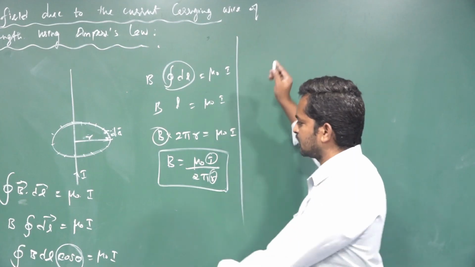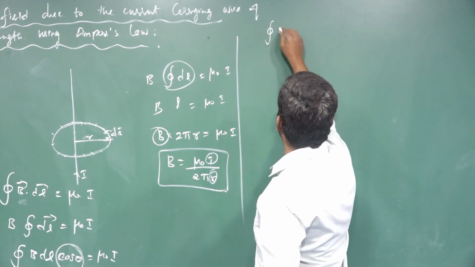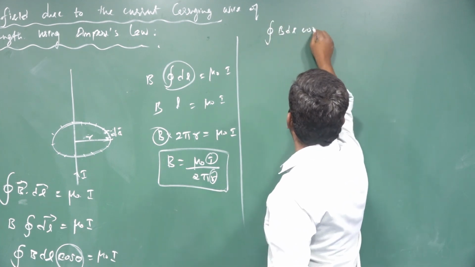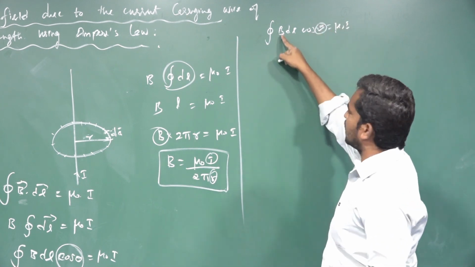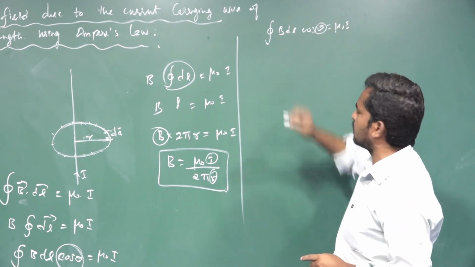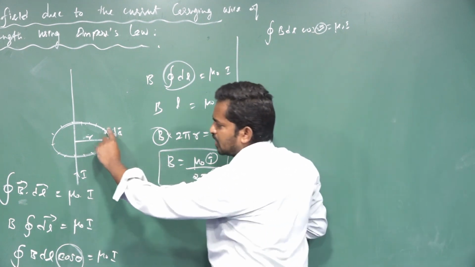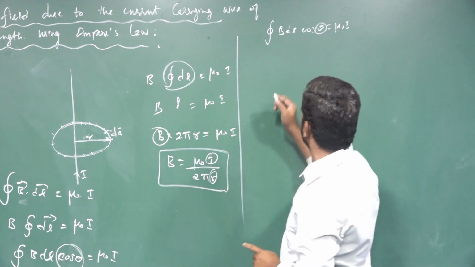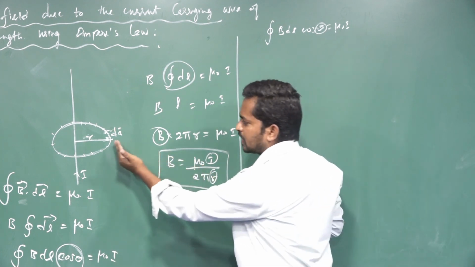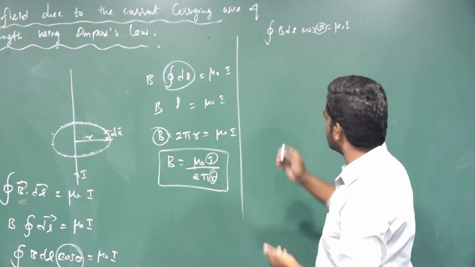Another one. Here the closed integral of B dl cos theta is equal to mu naught I. Theta is the angle between the current element and the magnetic field. They are in the same direction, so theta is 0.